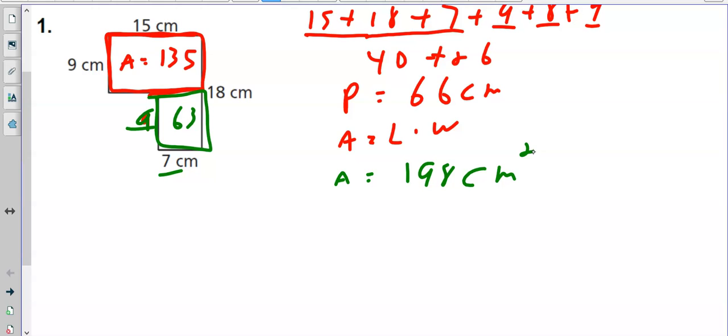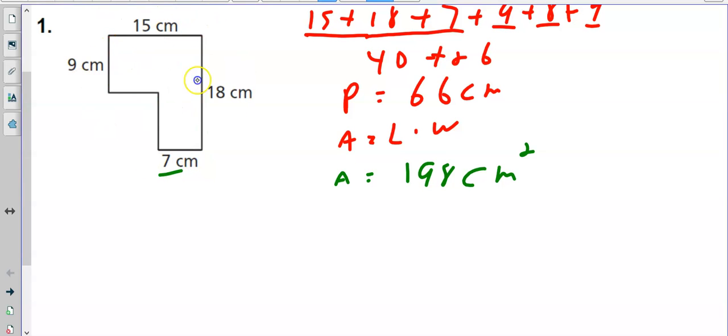Now, that's one way to do it. Someone else might say, you know what? I see this one next to this one, side by side. And that's perfectly okay also. If you notice, this one is 7 by 18.